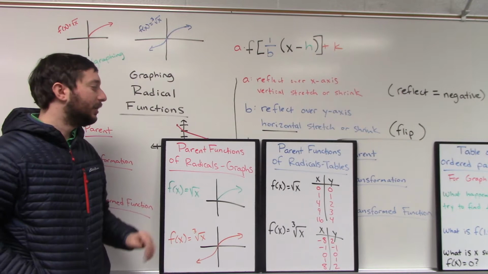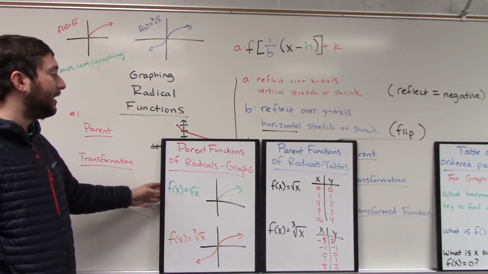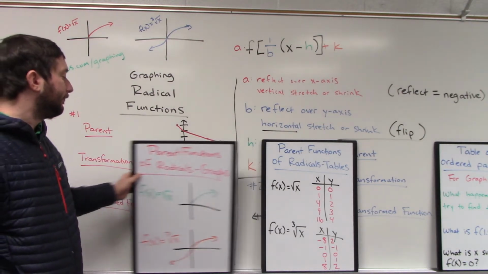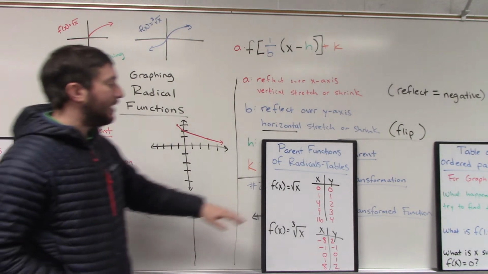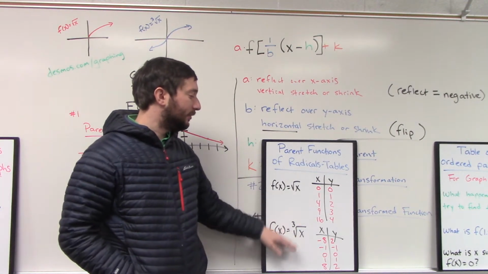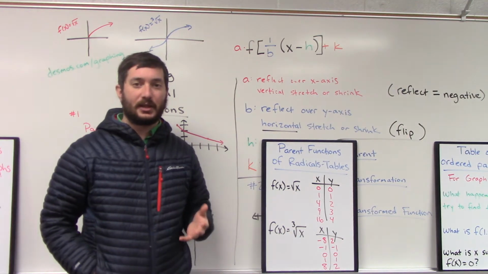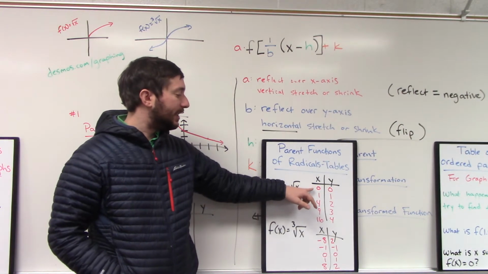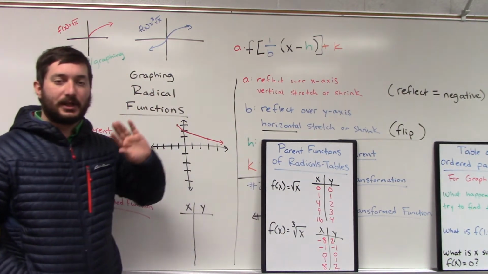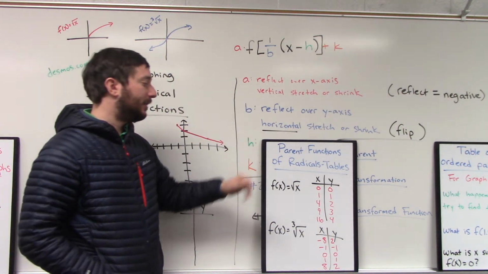So we're going to take a look, keeping these parent functions in mind, at some graphs. But before I do, I also want to point out that we can find tables from these parent functions as well, so it's going to help us as we move on. And these tables, remember, functions are always something that you can plug a number into and get a number back from.